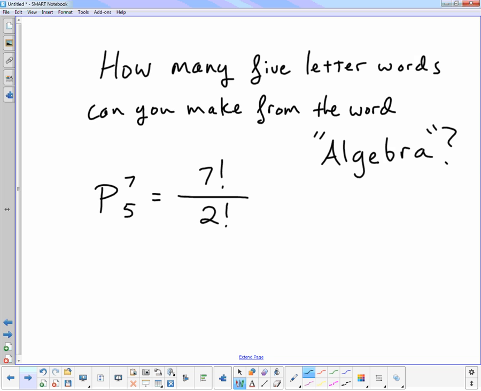I was doing combinations for some reason. We good? So this is 7 times 6 times 5 times 4 times 3, right? Wonderful. 20, 120, and now 21 times 12, so 252, 2520.